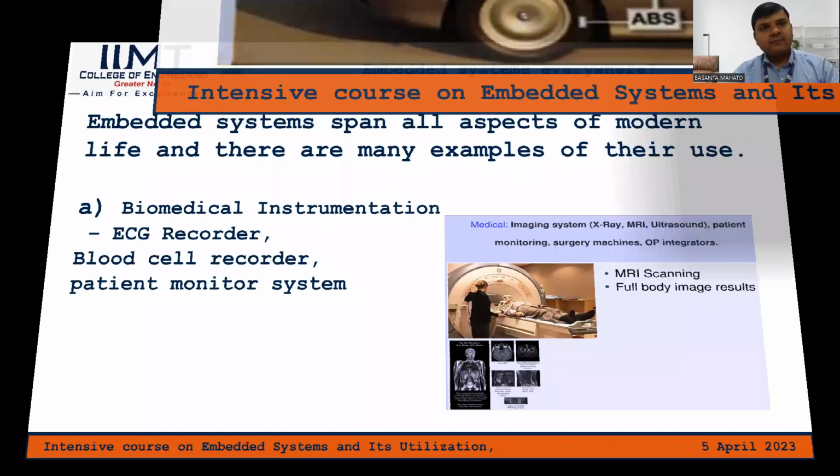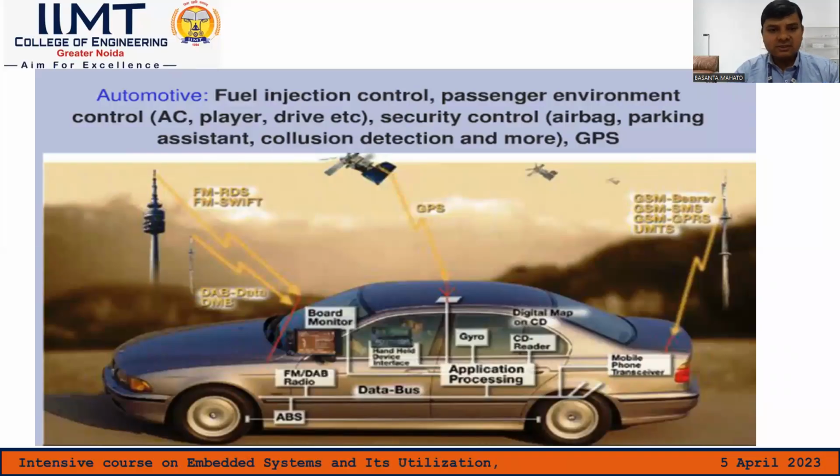Like in the automotive industry, you see this car. It is a combination of many different types of modules within a single car. If you look at the application processing, we have the GPS, mobile phones, and the radio, FM, DAB.